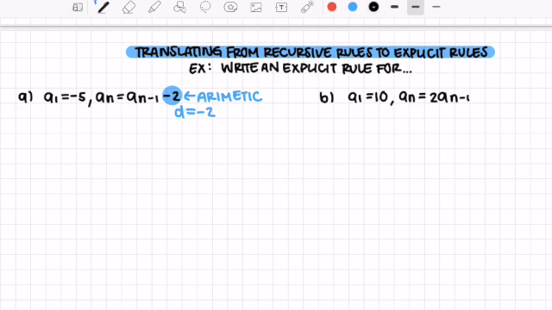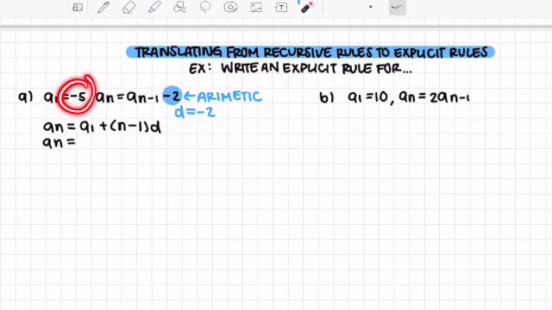Once I do that, I can use the formula an equaling a1 plus n minus 1 times d to figure out what my explicit rule is. So my first term is given to me already. It's -5. Then my difference that I found was -2.